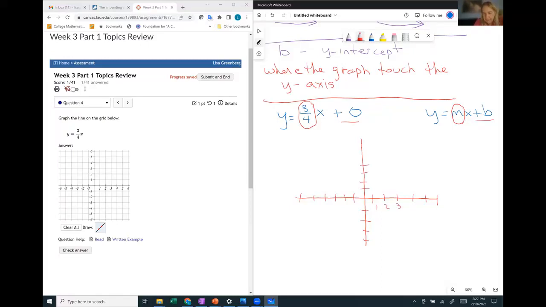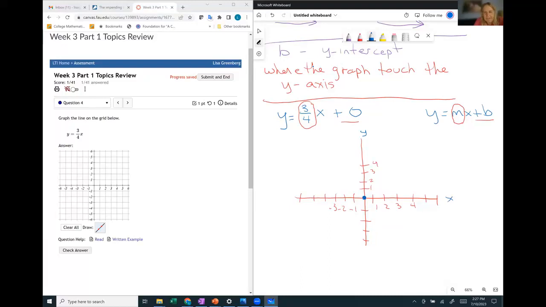And I'll just put some numbers in here, and so on. Now, easiest way to graph this. My y-intercept is 0. This is y, this is x. So this is where my graph needs to touch the y-axis because it's 0.